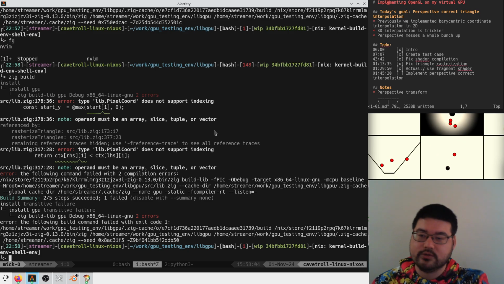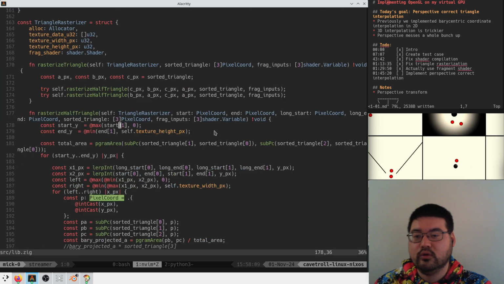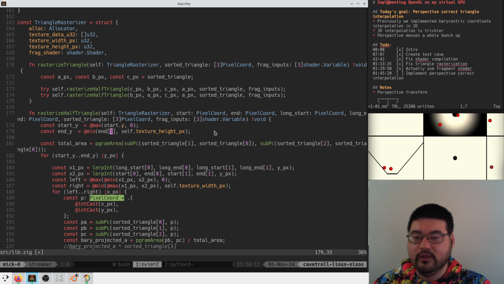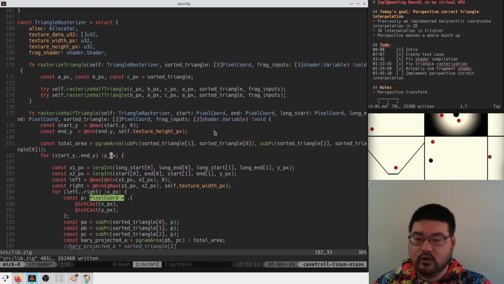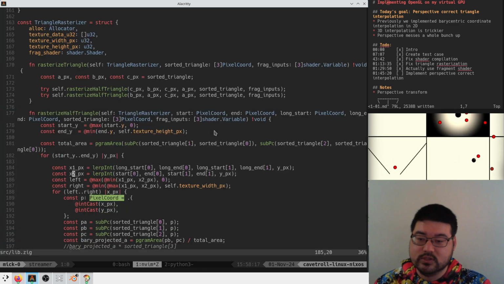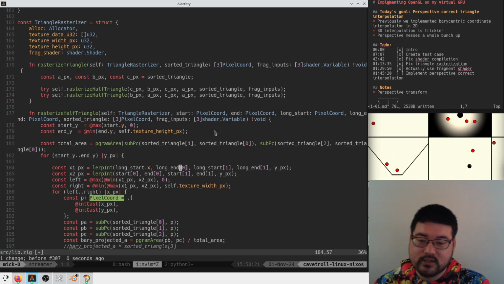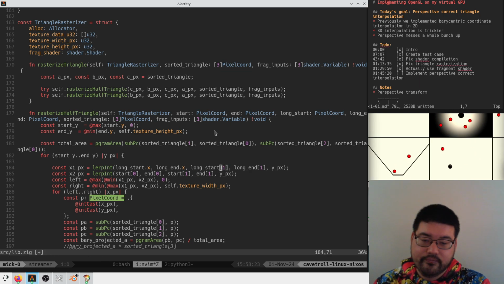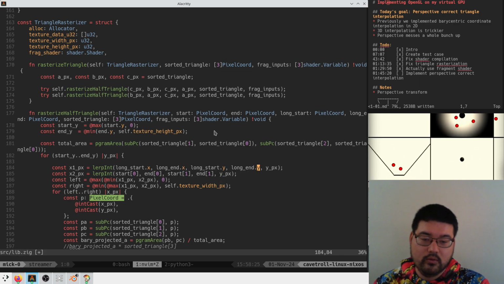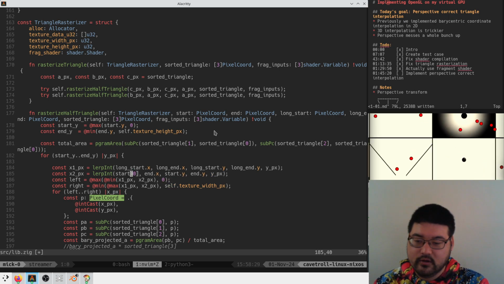Okay, and then pixel coord does not support indexing here. So this is start.y, this is end.y. Then we have usages here of x, x, y, y, y, y, x, x. Okay.